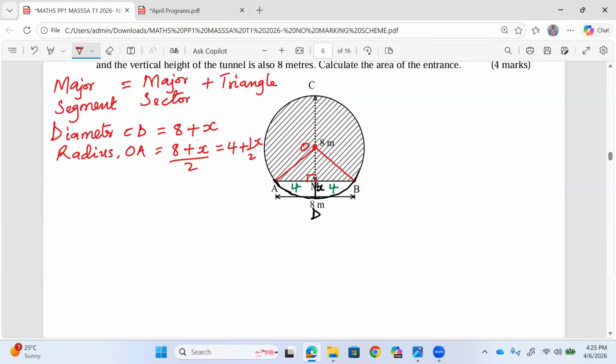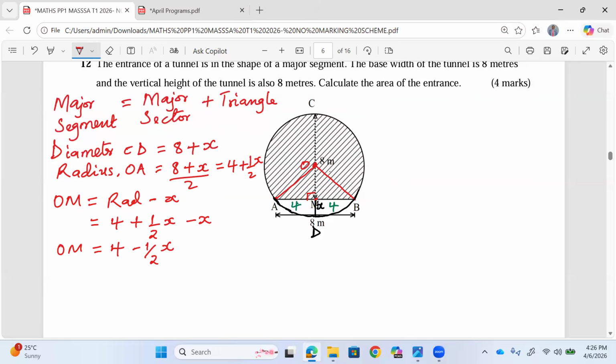The length OM requires the radius minus X. The radius has already been expressed, so we subtract X from the radius so that we remain with OM, which shall be 4 plus half x minus x, becoming 4 minus half x.